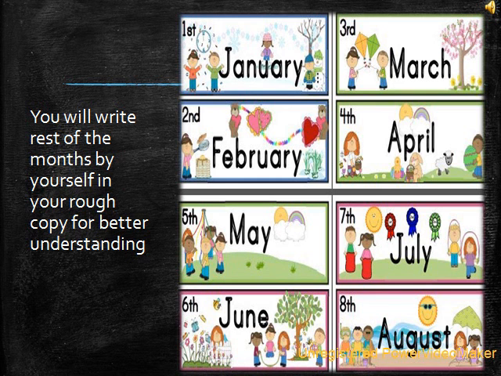So first is Sunday, second is Monday, third is Tuesday, fourth is Wednesday, fifth is Thursday, sixth is Friday, and seventh is Saturday. We have 7 days, right? So we have all the days. You can see it and learn it from there.